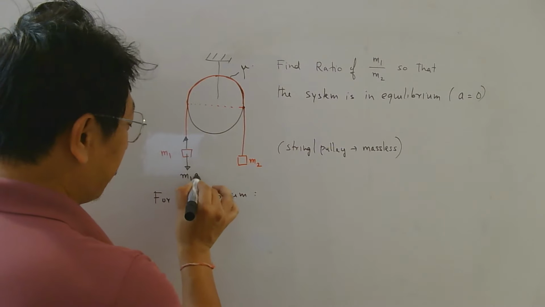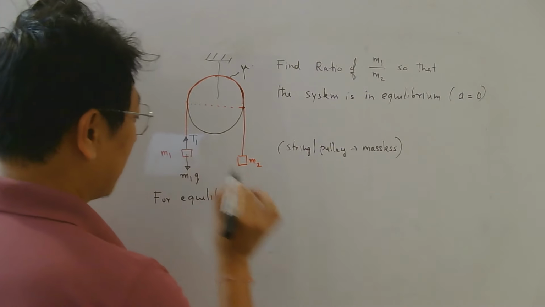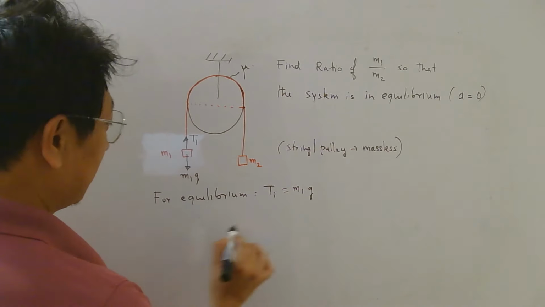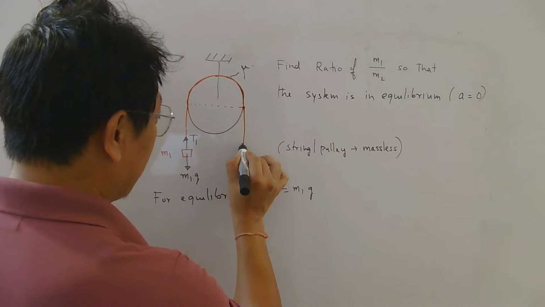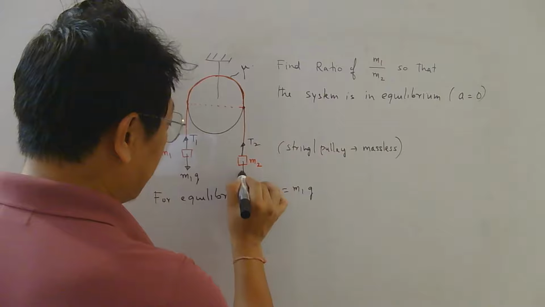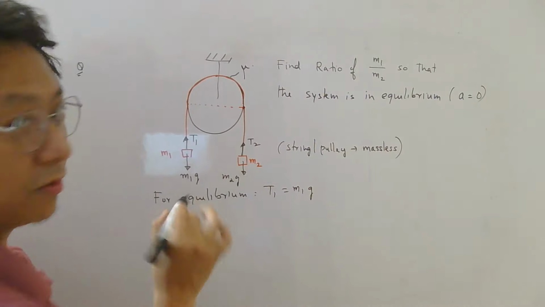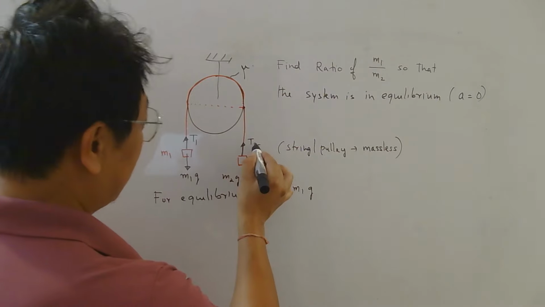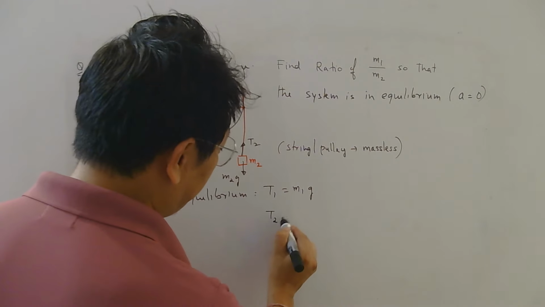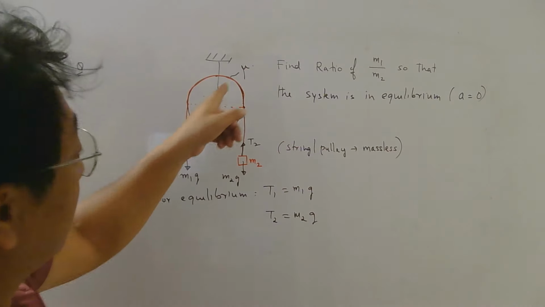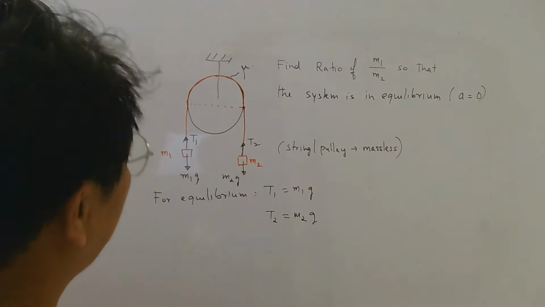Weight is m1g, tension here is T1, so T1 should balance m1g. Similarly for this block, tension is T2 and weight is m2g. Since acceleration is 0, total force is 0, so this tension should balance this weight. Remember, this T1 and T2 should not be the same because friction is mentioned. Be very careful.